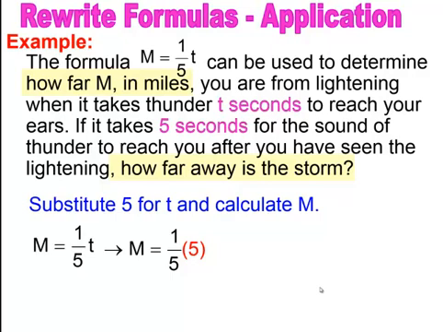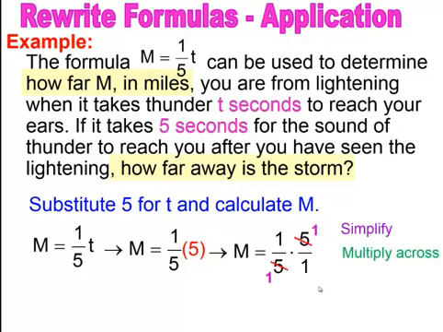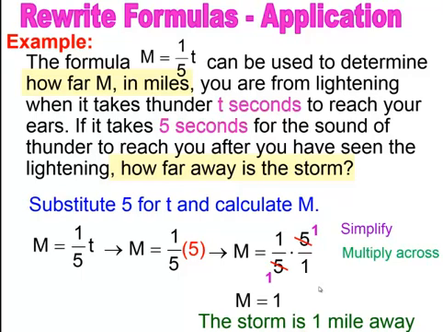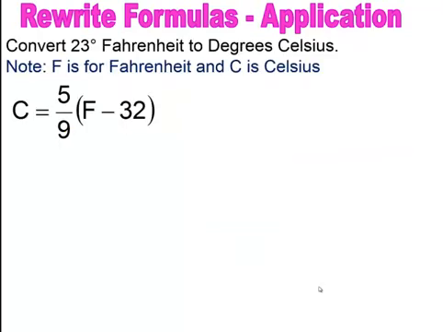And then you're going to calculate how many miles off. So now you have m equals 1/5 times 5, or 5 over 1, and when you simplify, you see here that you end up with, in miles, it's going to end up being 1 mile away. Pause and try.